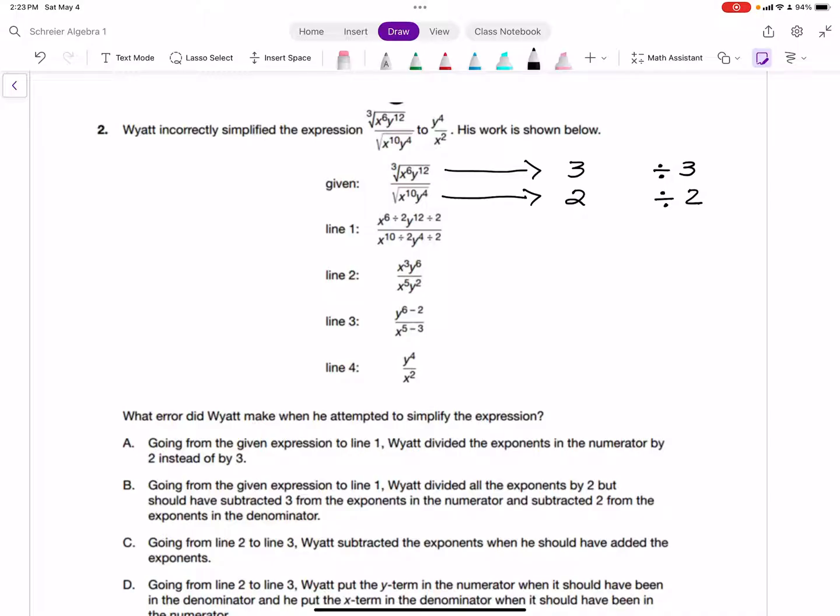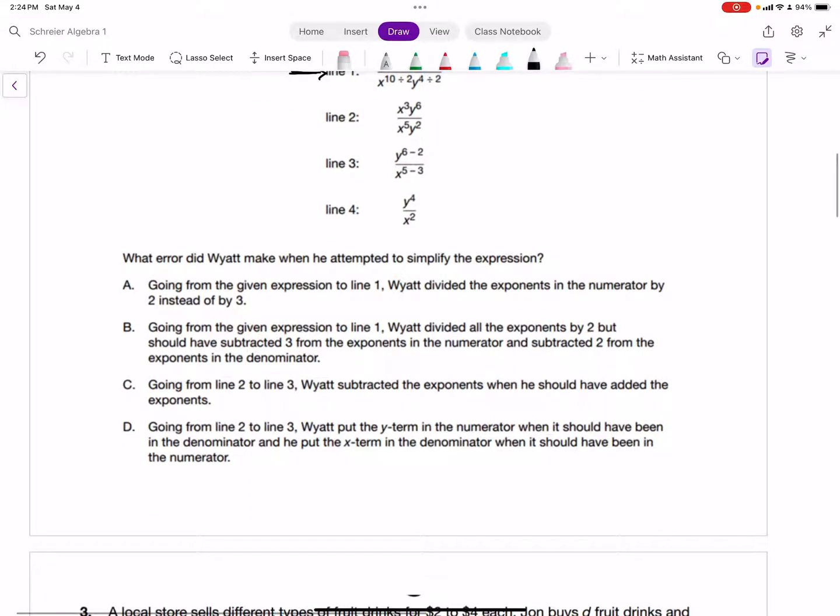So let's now look at the work. Let's look at line 1. In line 1, he should be dividing by 3, because of this cube root. And he's not. He's dividing by 2, so right out of the gate he is doing this incorrectly. So we've already found the mistake. Let's look at our answer choices.